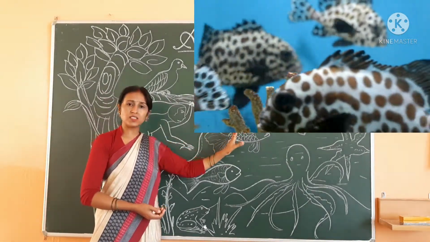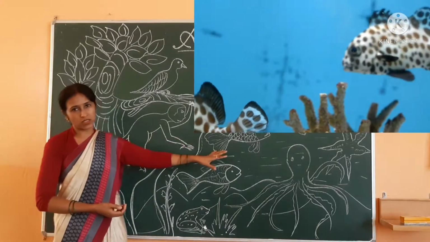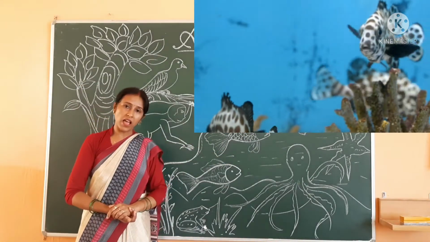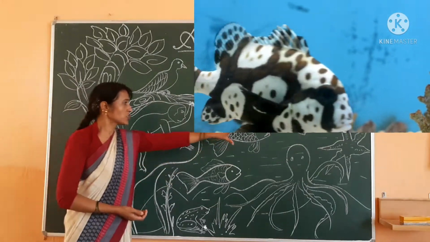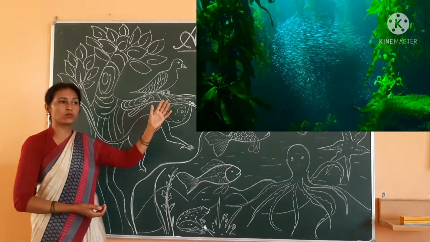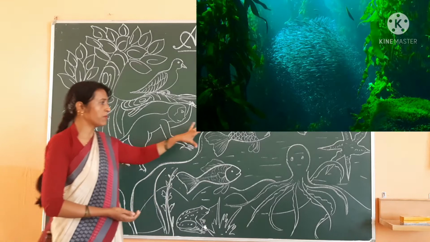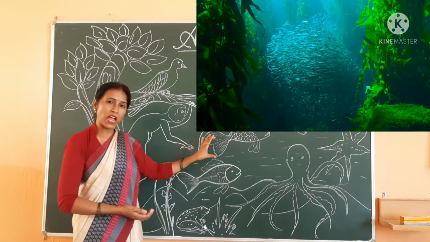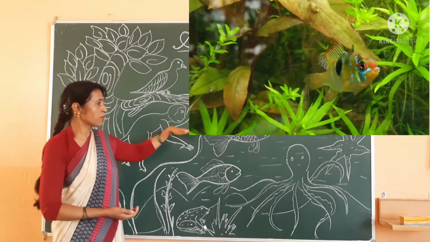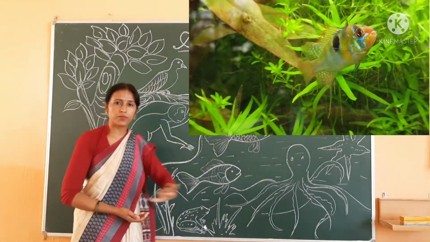They have fins or limbs so that they swim easily in water, and the structure of their body is quite different from us or from animals found on land. They have a streamlined body. Streamlined body means they have such a structure so that they easily move through the water.